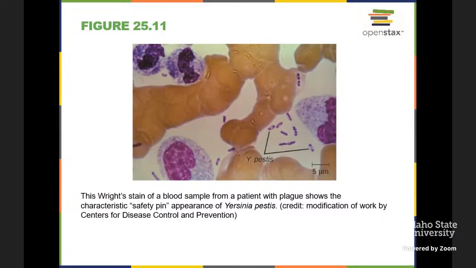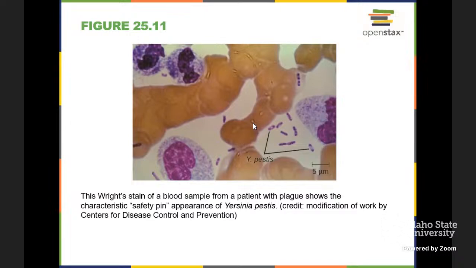But when I first look at this and see the dark bits at the ends and the hollow-looking thing on the inside, my first thought is maybe I'm looking at a spore-forming bacterium, because oftentimes a spore-forming bacterium, if it's in the process of sporulating, looks like that when stained. An endospore stain would rule that out, and these would not stain up green like they should if it was a true spore.